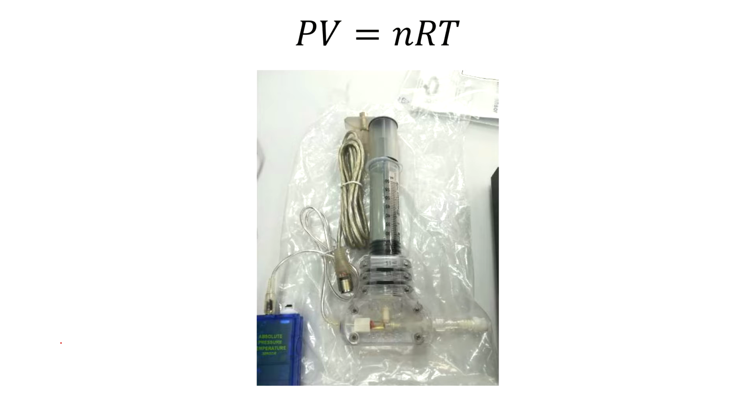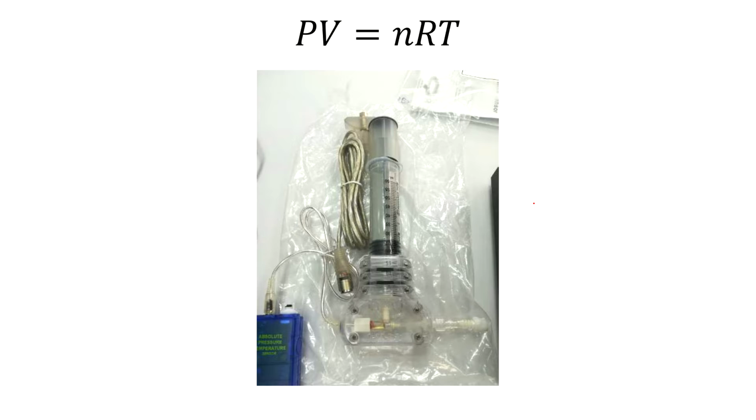So in this experiment, we're going to test how accurate this is and try to get results from the formula. For the experiment, we're going to use the apparatus that's here. It's a syringe.